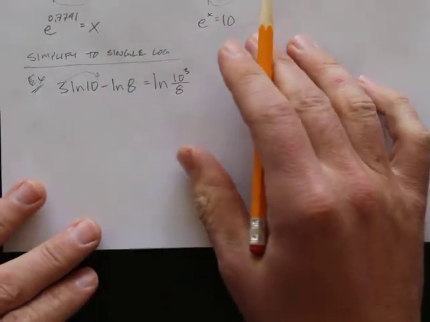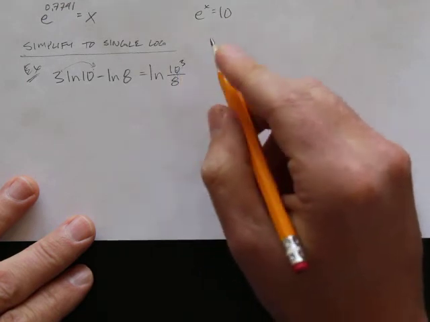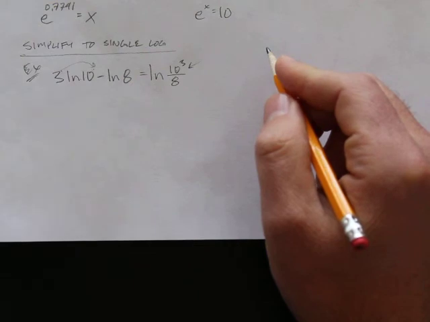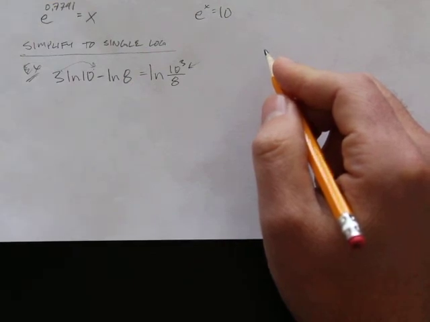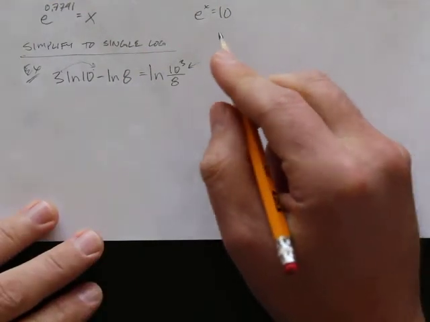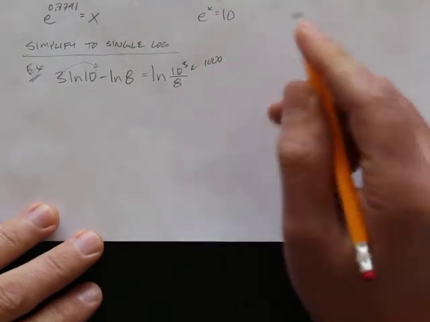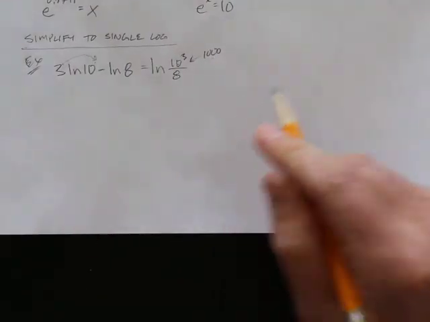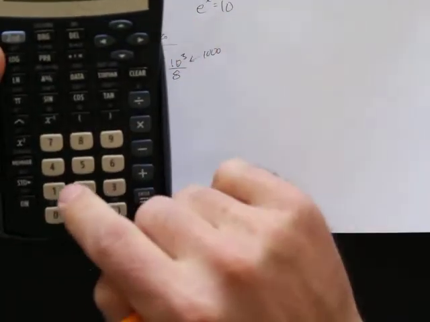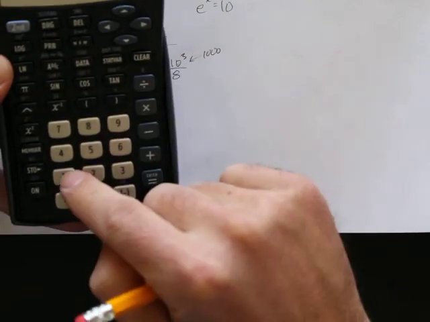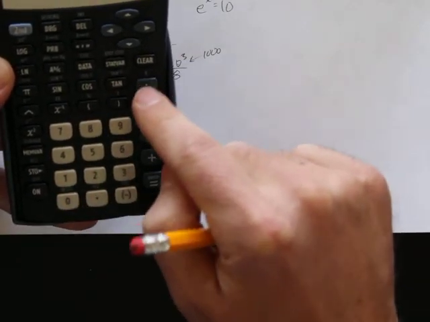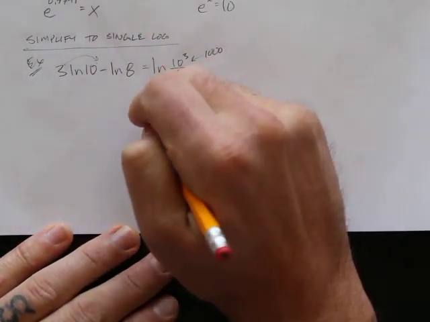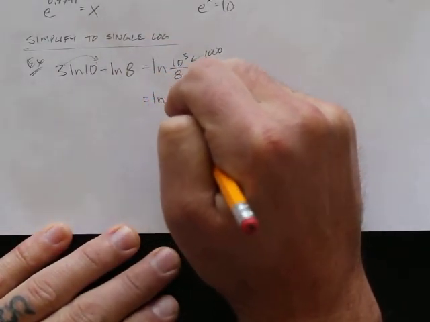And so I'm going to keep working on this. 10 to the third power, 10 times 10 is 100, and then times 10 again, that is 1,000. Okay, so now, does 8 go into 1,000? If we're not totally sure, we can say 1,000 divided by 8 is 125. Great. So I've got natural log of 125.